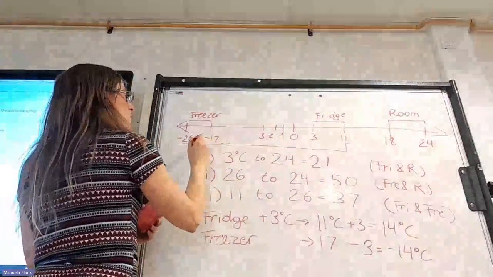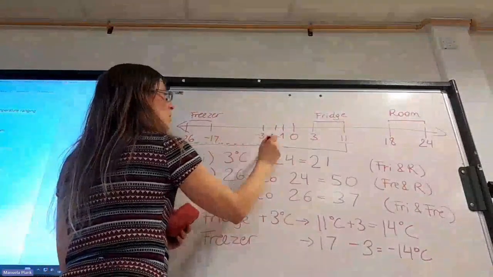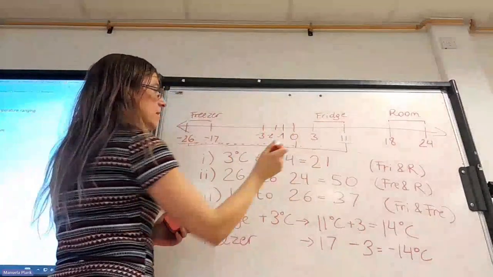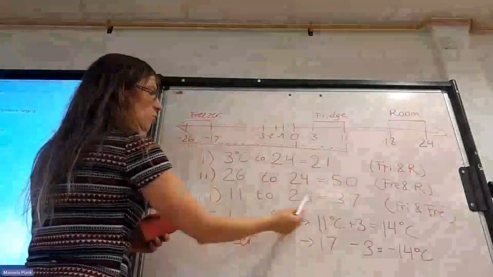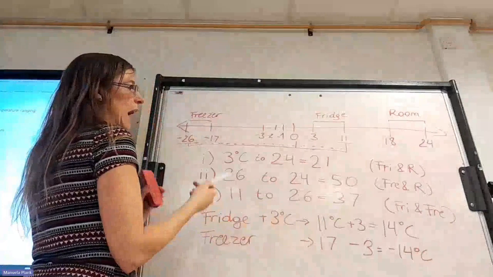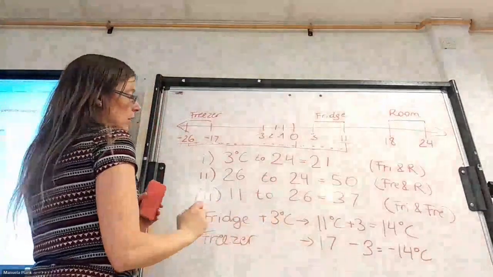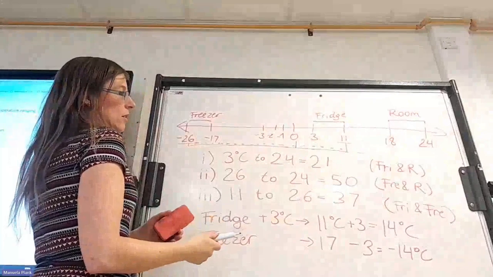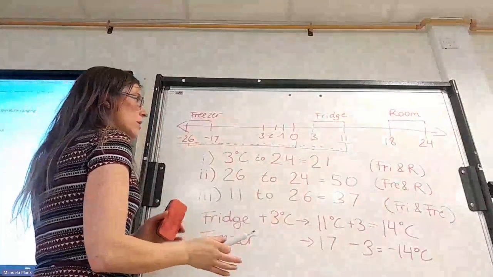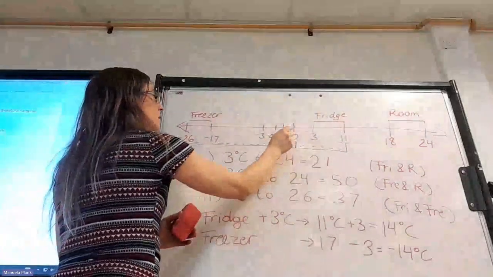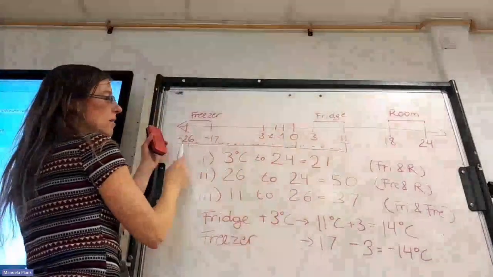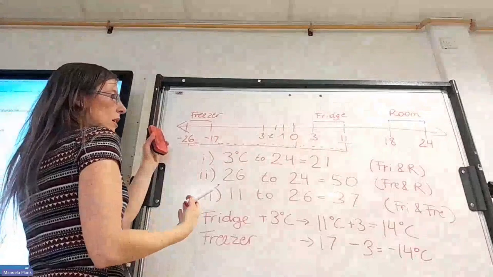And again, we need to calculate 26 to number 0, and then plus 11. So again, these two numbers, we have to add them. Even though it asks for the difference, I know that might be confusing, but think about it, that is the difference. It's just because it's a minus number, it will turn plus.